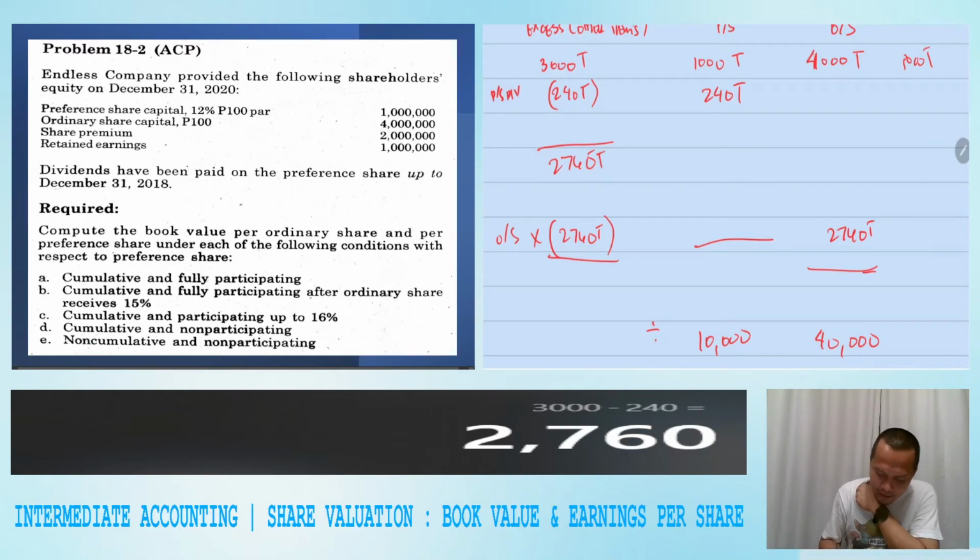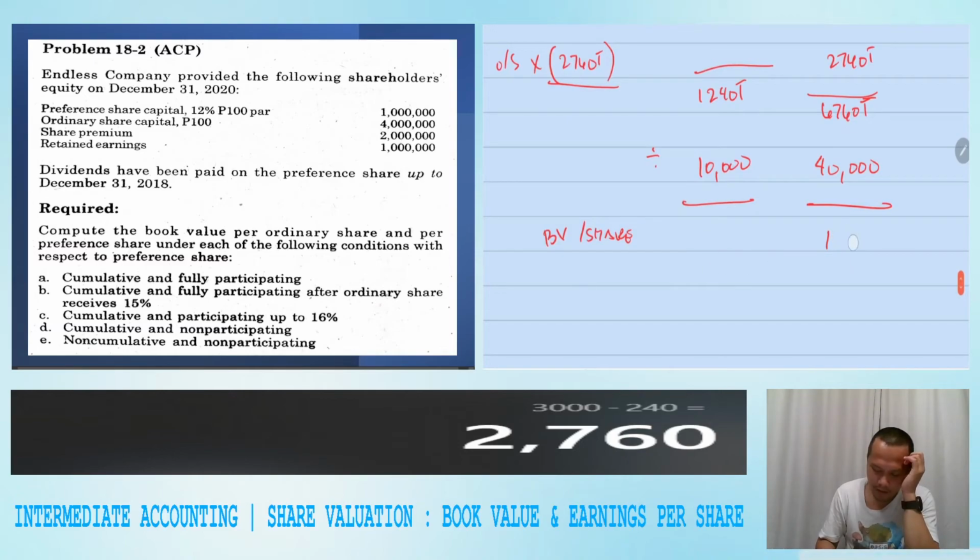That means the total stockholders equity now of the preferred share, we have 1,240,000. And the total stockholders equity of the ordinary share, we have 6,760,000.